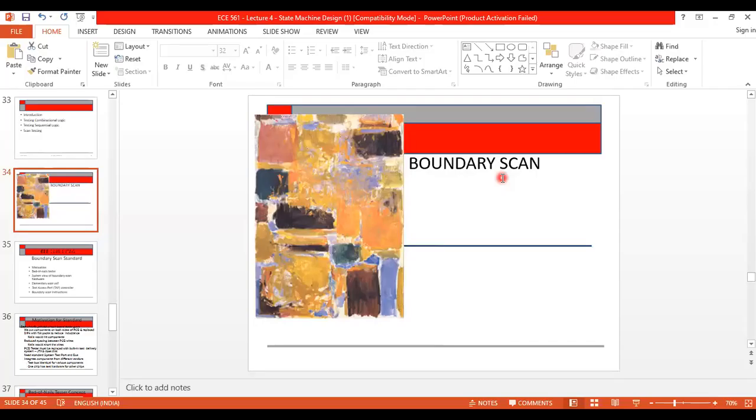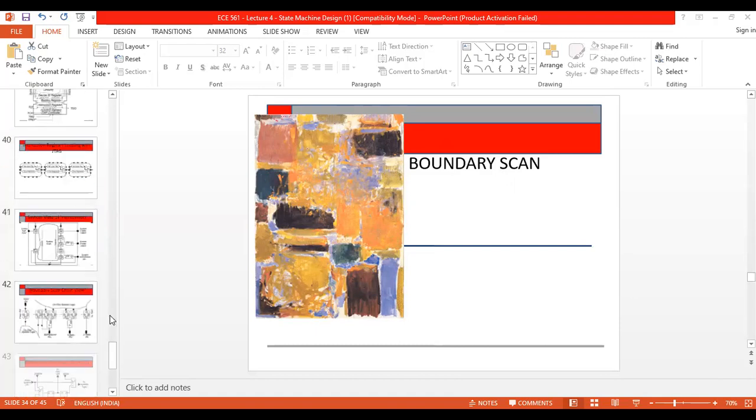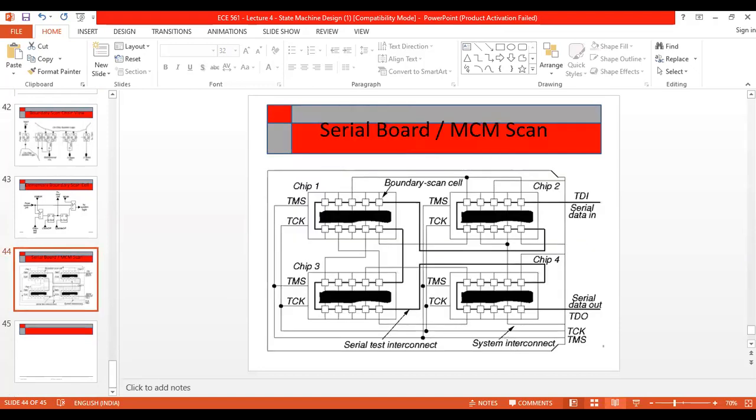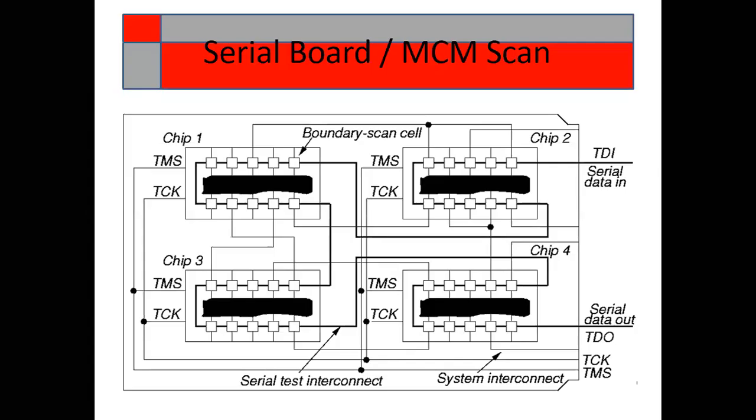So that is the point which we have discussed in this lecture. That is all about the boundary scan test, and it also has VHDL code, in which we are able to write the statements applied for this boundary scan test.